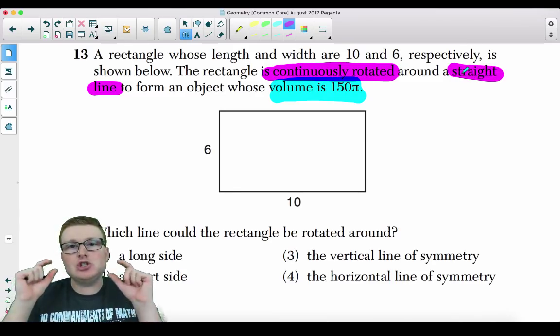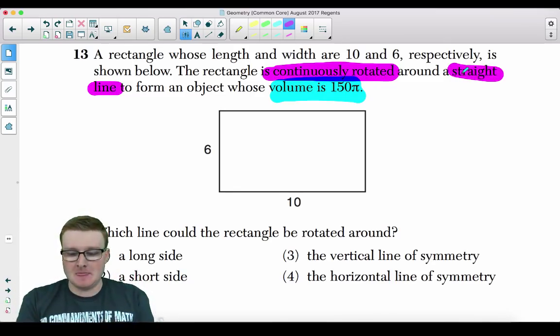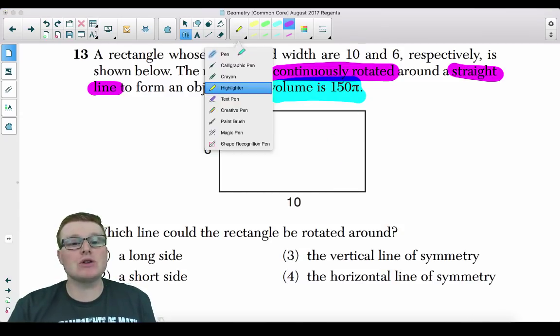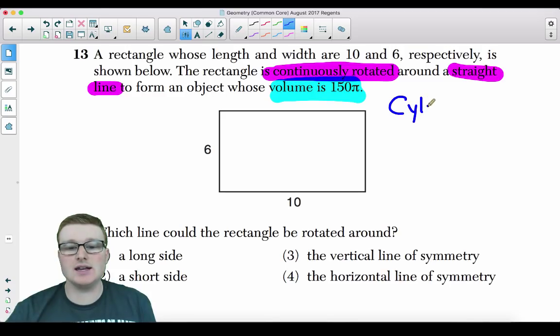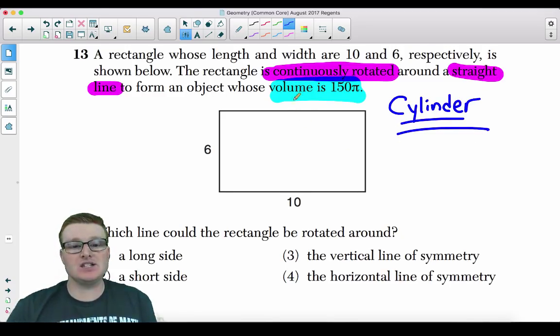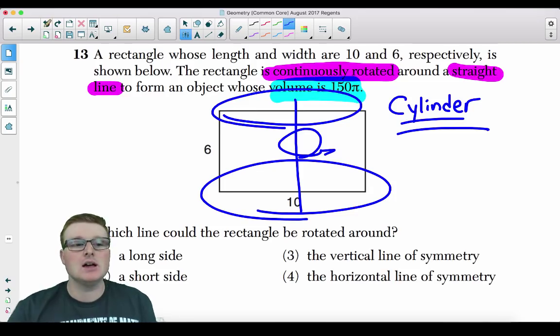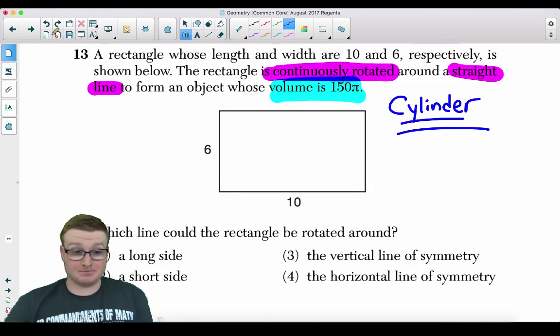What should be screaming at you in your head is if it's being continuously rotated around a straight line and it is a rectangular 2D shape, you are creating a cylinder. You're creating a cylindrical shape, okay? Because if I spin around one of these sides, you're going to be creating a circular figure. So that's what you should be thinking of right now.